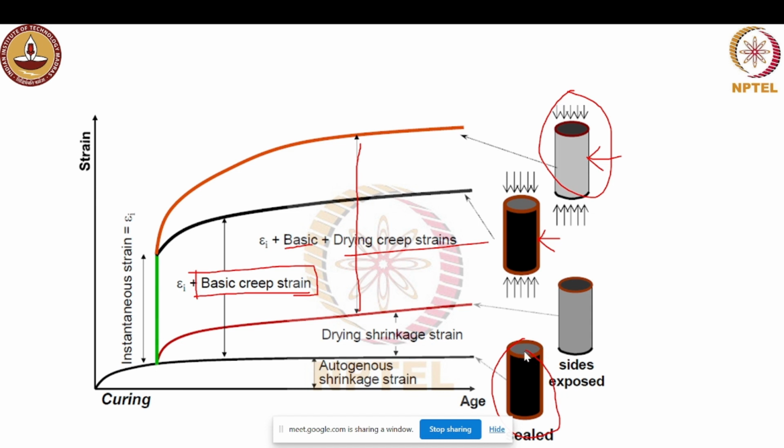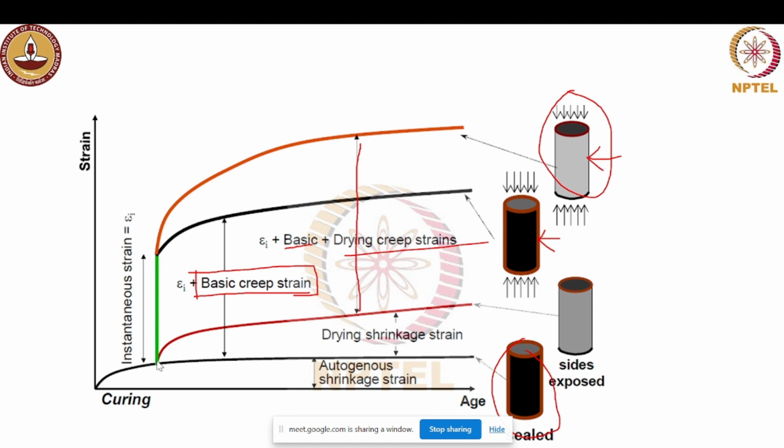In this case, the shrinkage strain is very low. After a certain age, let's say 56 days from the curing period, the strain is almost constant. That will be the autogeneous shrinkage. But when the surface area is more, the shrinkage will be more. So after curing, that shrinkage strain will increase, and for creep, what we are doing after curing is keeping our concrete under loading.